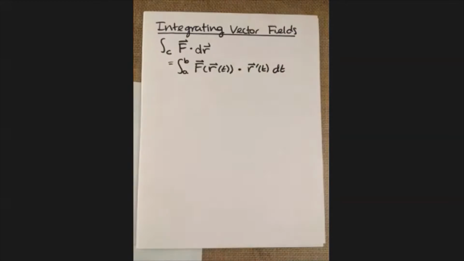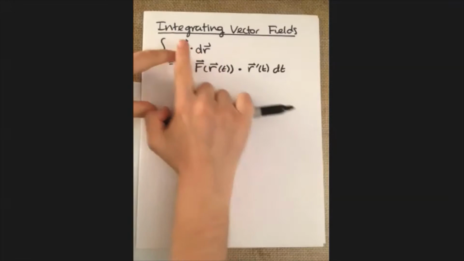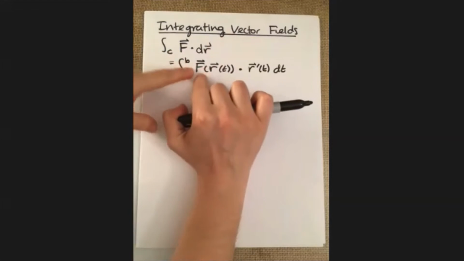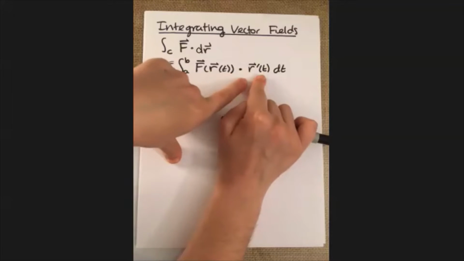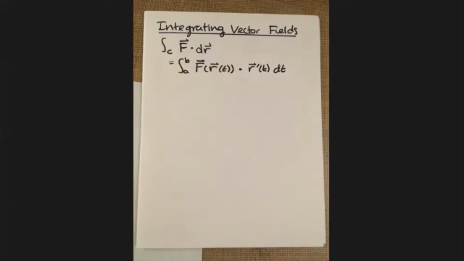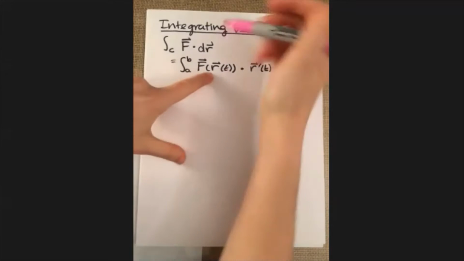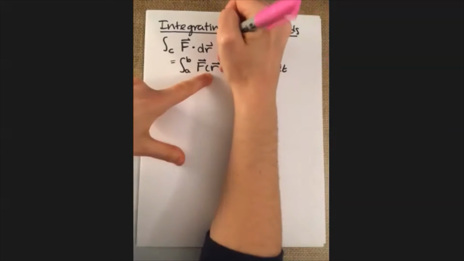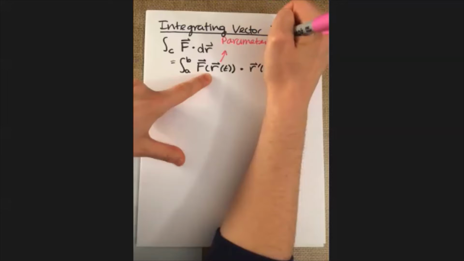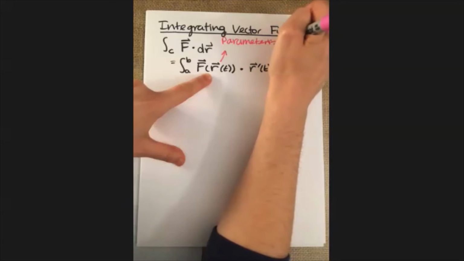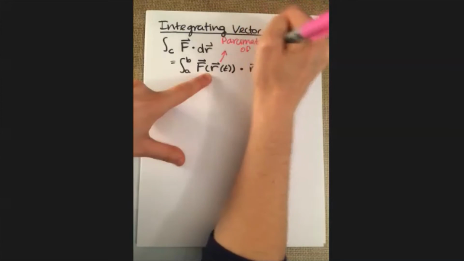So this really looks quite similar to what we did previously with our line integrals, except this time we have a vector field, which at each point is a vector, and that has to be dotted with the derivative of our parameterization for the line. So just to label what's going on here, this piece right here, r of t, is the parameterization of our curve C.